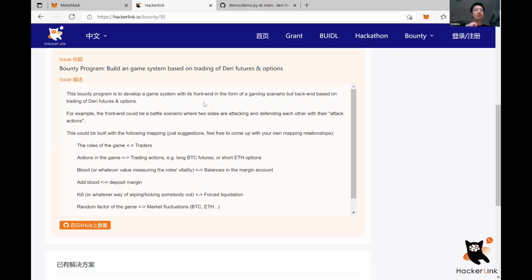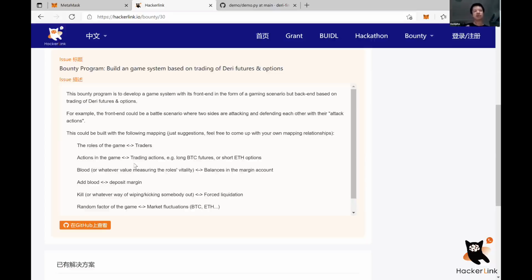But here we are especially interested in the gaming interpretation. Okay, so here is some example that we put here. We made an example here, still using this battle scenario. We just need to build this mapping relationship, from the financial context to a battle game scenario.